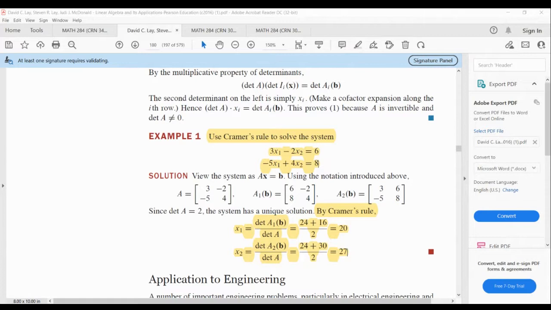So that's solving a system of equations.